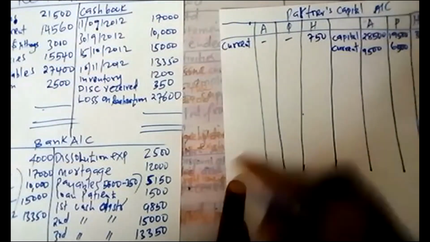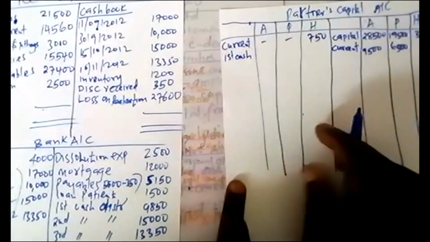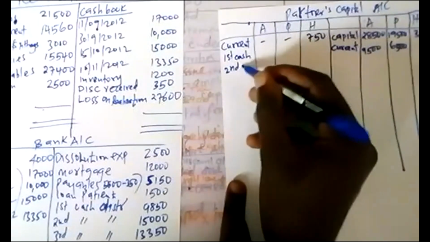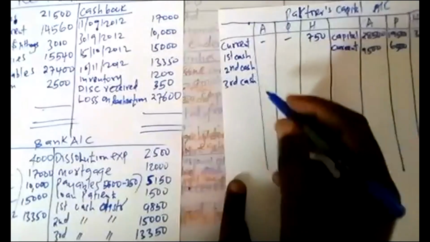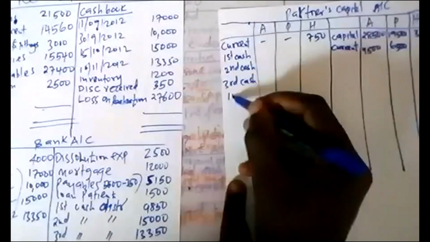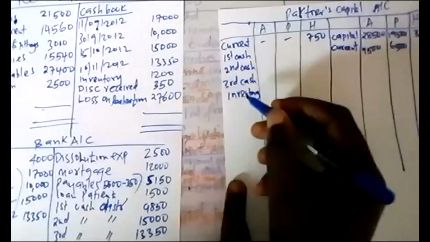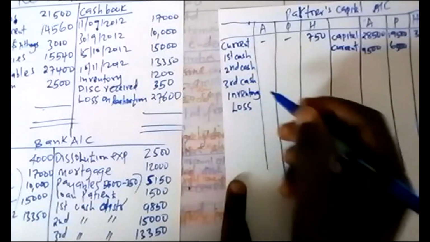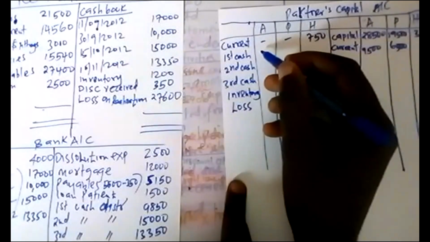So they received, you start from the first cash distribution, second cash distribution, and third cash distribution. Then there was inventory which was taken over by Able, and at the same time they made a loss. So the first cash distribution we take from the statement.